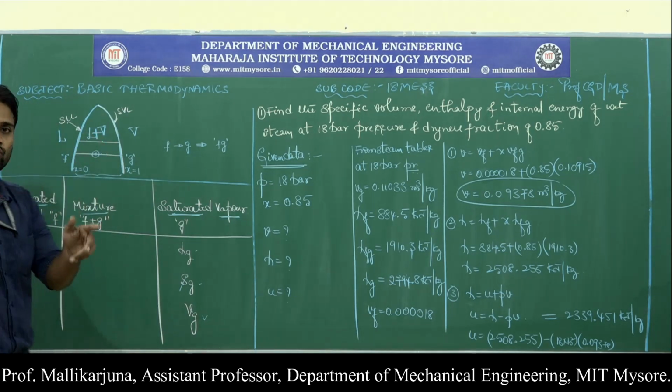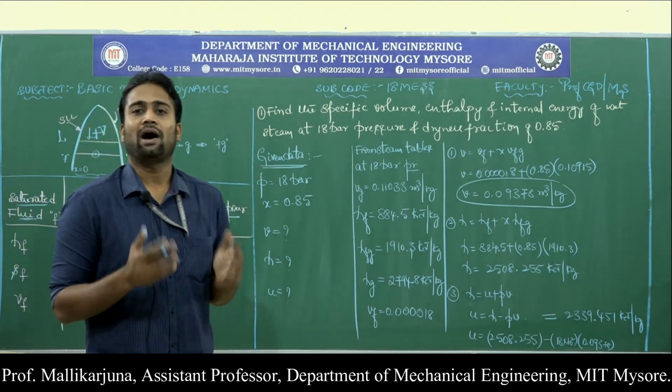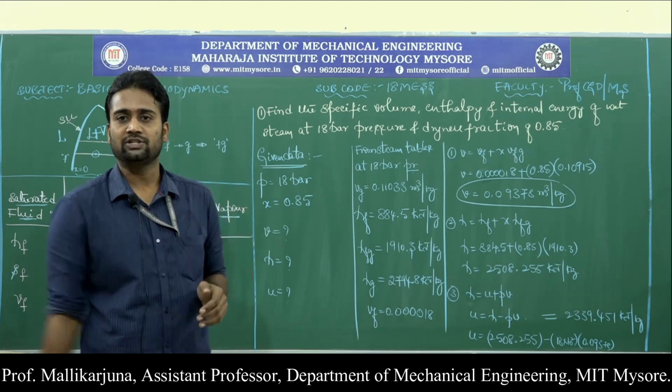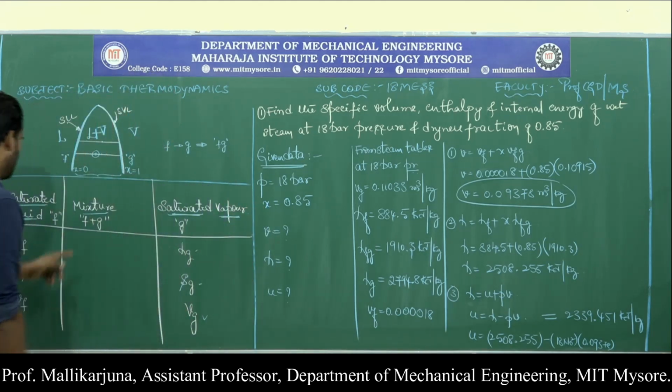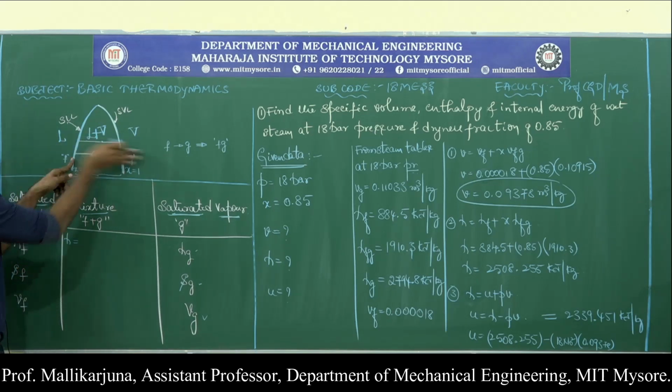Now, come to this region, the mixture region. I have two ways of writing or extracting the value of a specific property in that particular region. What are those? Let us look at this. If I want h somewhere in between f and g at a particular pressure, then h at that point will be equal to, I will start from this side, from fluid to gas.